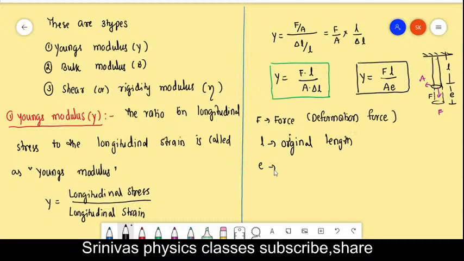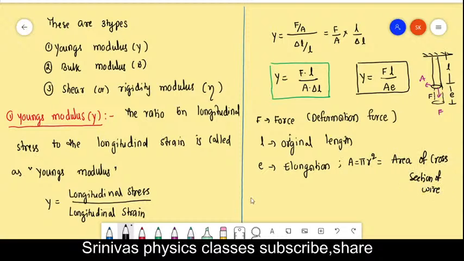What is E? E is the elongation. A is pi r square, that is the area of cross section of the wire.